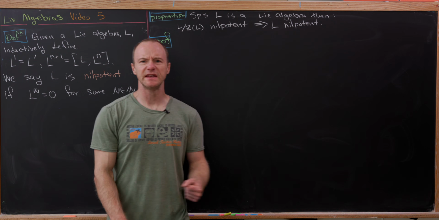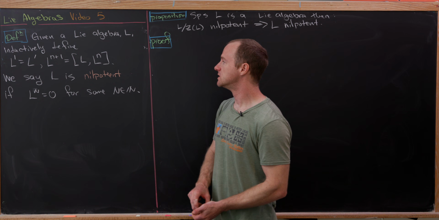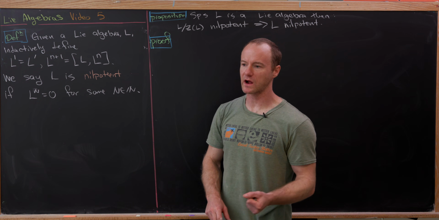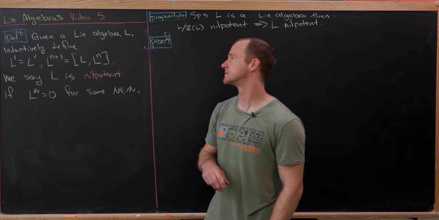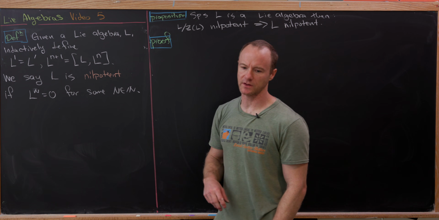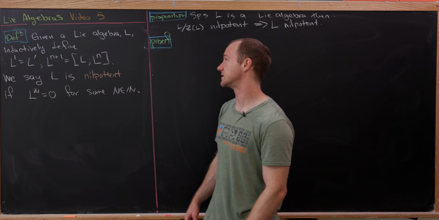Okay, let's move on. Now we're going to quickly look at the notion of a nilpotent Lie algebra. So that's going to require us to define another sequence of ideals. And so these are sometimes called the lower central series, whereas the other ones were the upper central series.